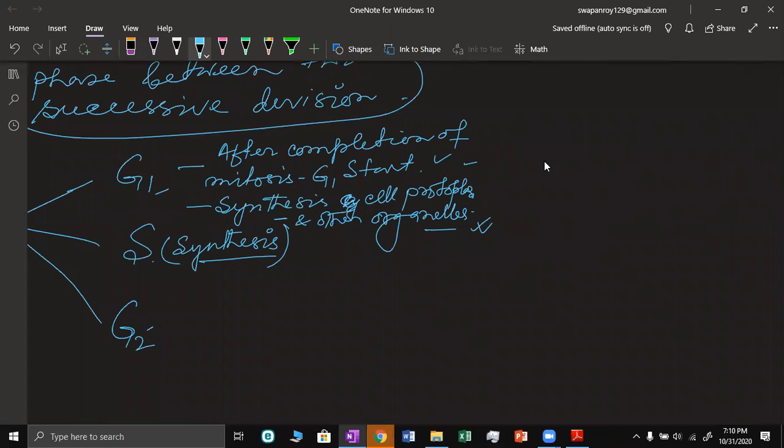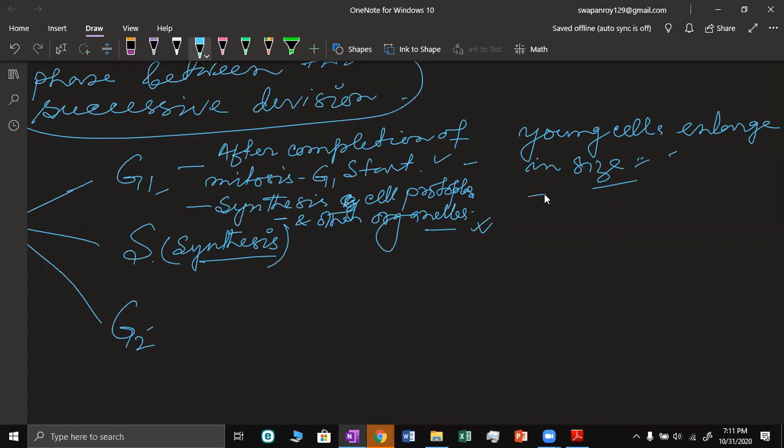So here the young cells enlarge in size. The cell volume is increased. The material of the cell is synthesized and it attains the phase of maturity.